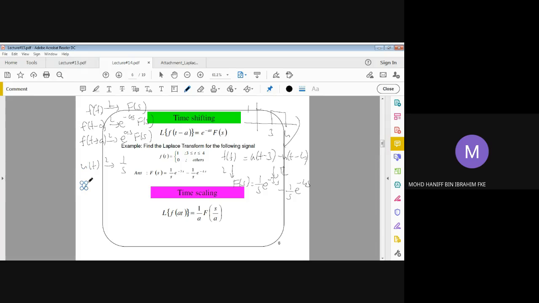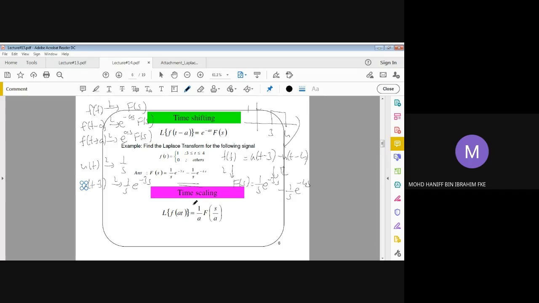When we have a shifting, which is u(t minus 3), the result will be 1 over s exponential negative 3s. The same thing applies for u(t minus 4). So this is the answer for the Laplace transform of the given f(t). Any question for this example? It's quite straightforward. No? All right.